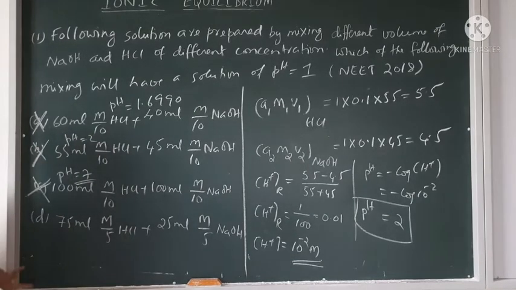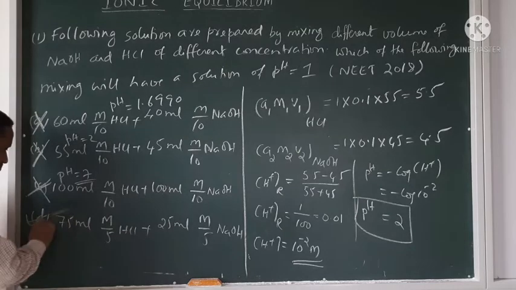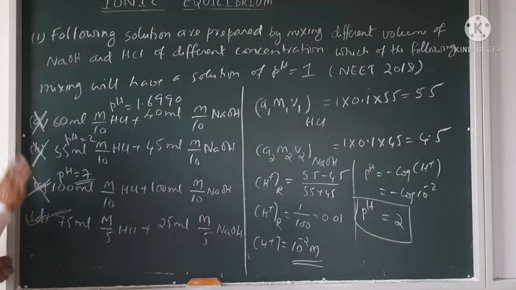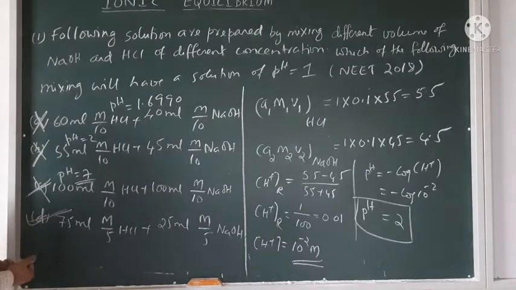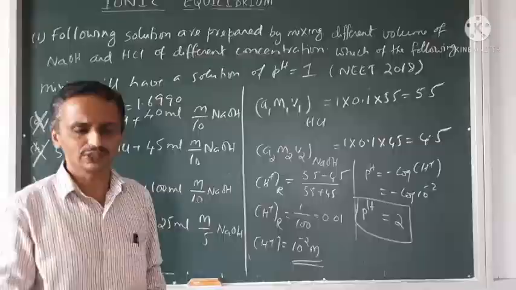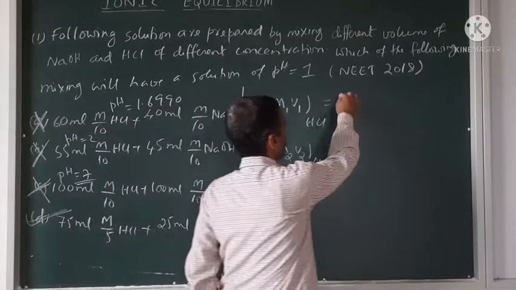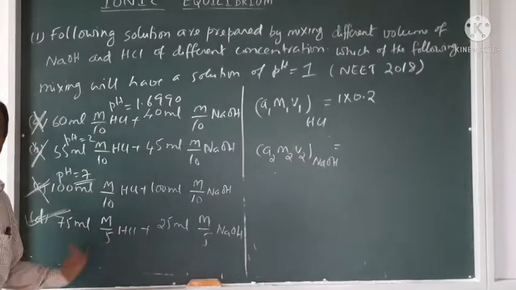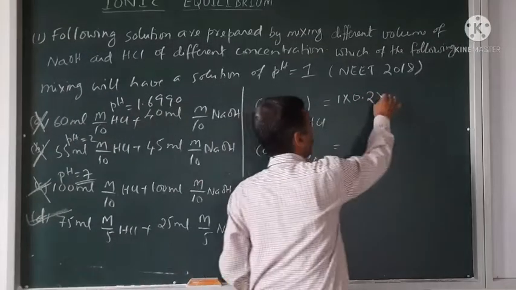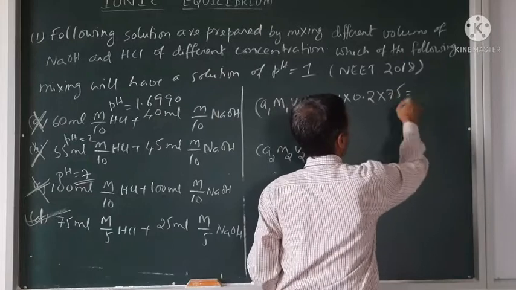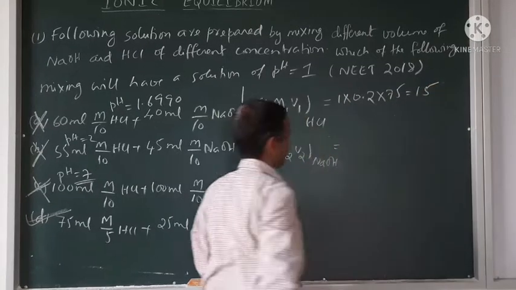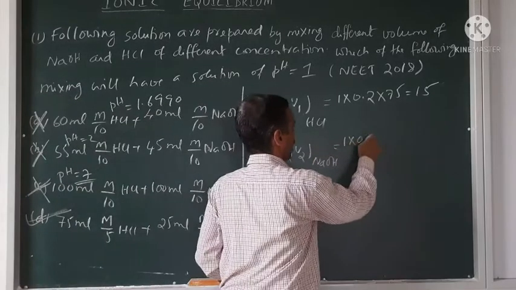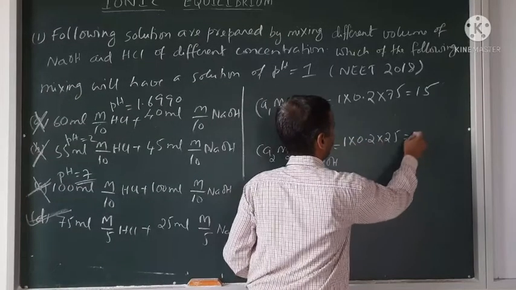Now, the other option should be this one. Because the other three I neglected, so this should be the answer. We'll see that, is it the answer or not? So 75 ml of 0.2 M, 1 into 0.2 into 75 is equal to 15. Just calculate it. And this is 1 into 0.2 into 25 is equal to 5.